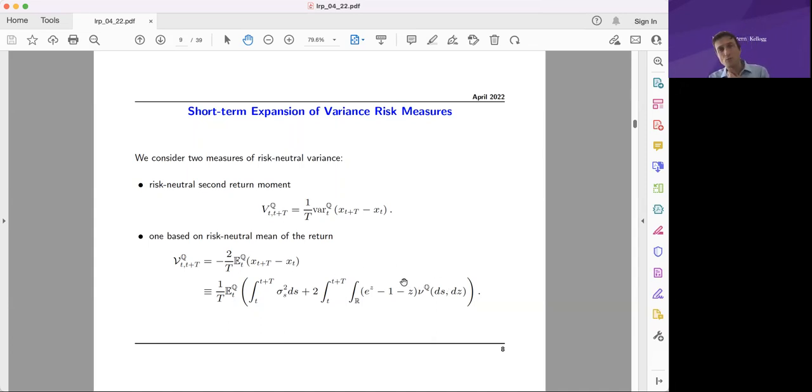The second piece, which is due to jumps, is not exactly variance. I hope you're not intimidated by this notation, but if you make an expansion around zero of this function here, you will see that the leading term is the second moment of the jumps. That's why people forget about this and ignore it and just interpret it as a variance, but it's not exactly that.